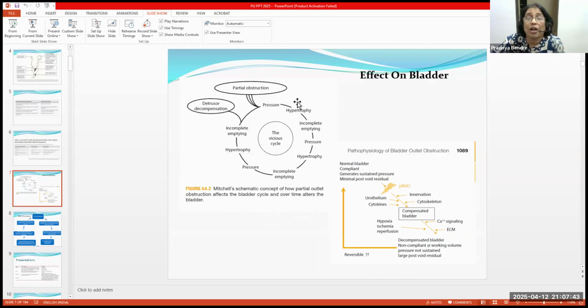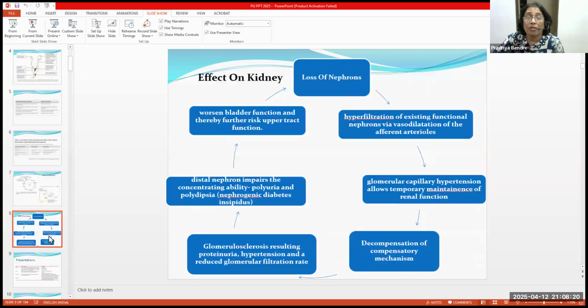But there is a partial obstruction causing hypertrophy to compensate, and then hypertrophy increases the pressure and the cycle goes on, and at one point the mechanism of compensation gets decompensated and the upper tract deteriorates. Another theory is that because there is high pressure, multiple factors are released, and there is hypoxia, ischemia, reperfusion injury, and the compensatory mechanisms become decompensated and progress into renal failure. This is the effect that occurs at the kidney level.